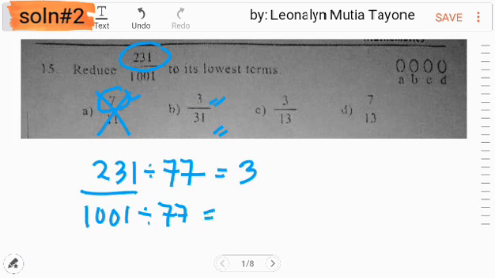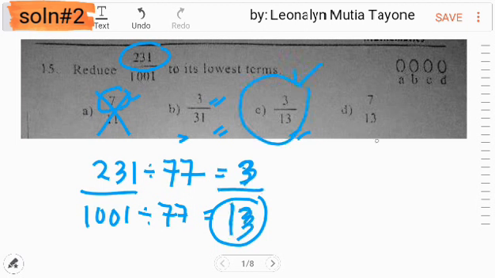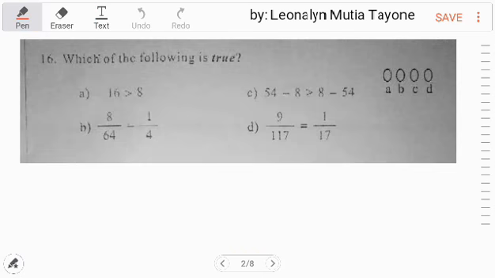Nung dinivide natin ng 77 before, it was 13. So, dito pa lang sa choice B, nakita mo na yung denominator mo ay nasa choice C, 3/13. So, ito na yung sagot. Huwag ka nang mag-solve sa letter D. Letter C ang sagot.